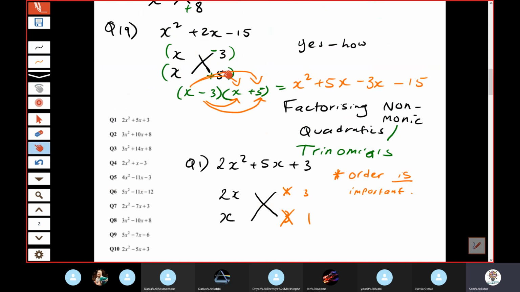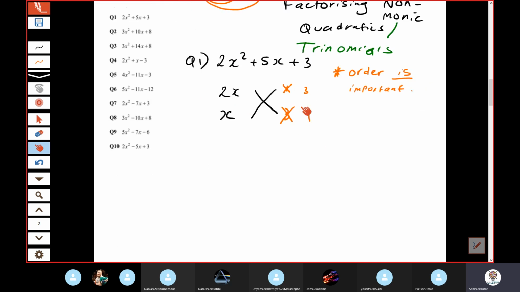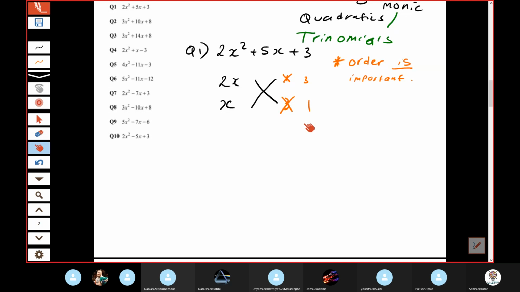Like if you guys said 3 and 5, I was going to write it. If you had said 5 and 3, I would have still written it, and it would not have made any difference. Here, the order is important. So 1 and 3 is actually different to 3 and 1. Okay? Any questions? The order is important.